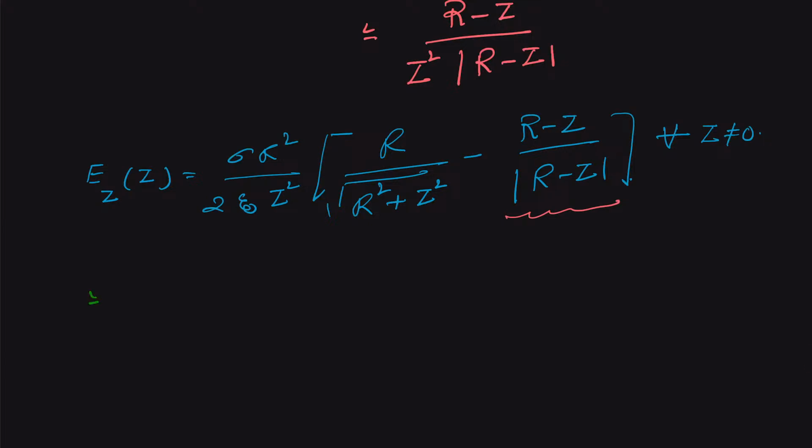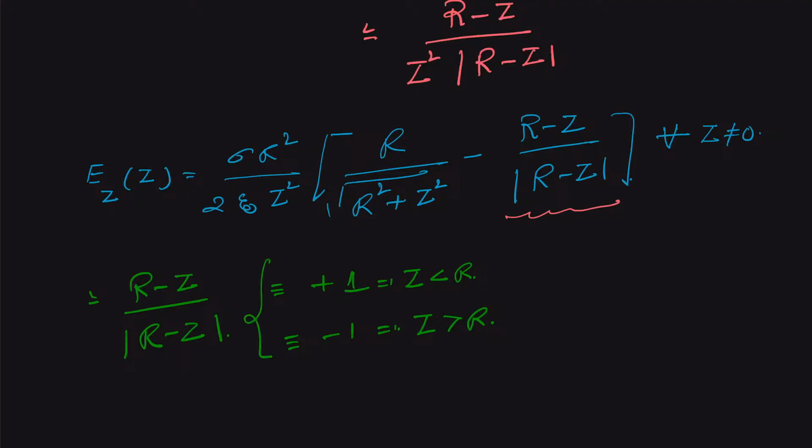We are interested in the term r minus z upon modulus of r minus z, and this will give us plus 1 under the condition that z is less than r, and minus 1 if z is greater than r.